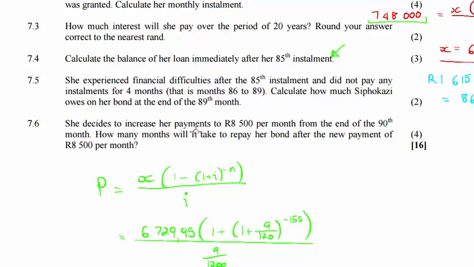Okay, how about you guys try and calculate how much she will owe now at the 89th month. So how did you do it? Who did it? Masanda?